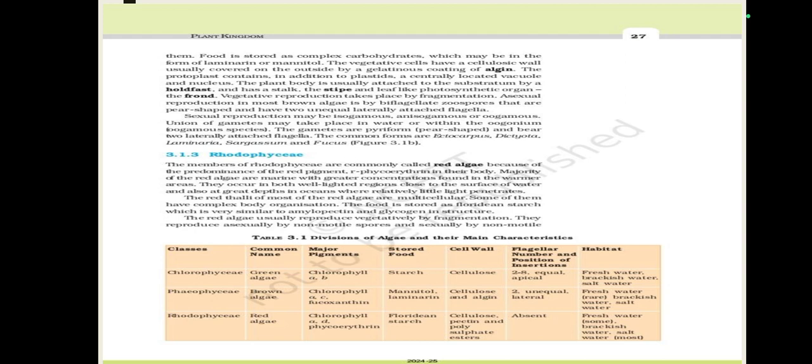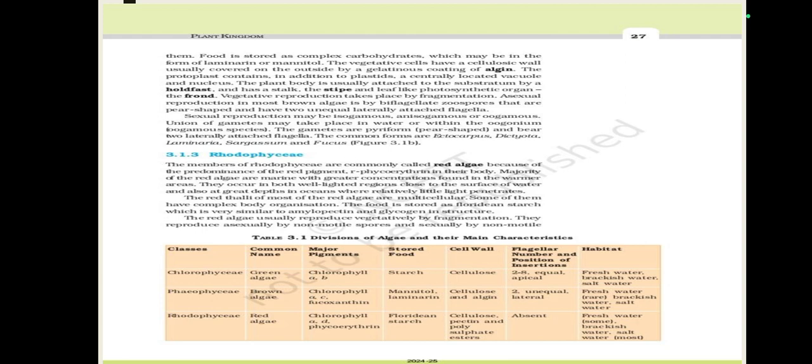Union of gametes may take place in water or within the oogonium in oogamous species. The gametes are pyriform, pear-shaped, and bear two laterally attached flagella. The common forms are Ectocarpus, Dictyota, Laminaria, Sargassum, and Fucus, which is located in figure 3.1b.